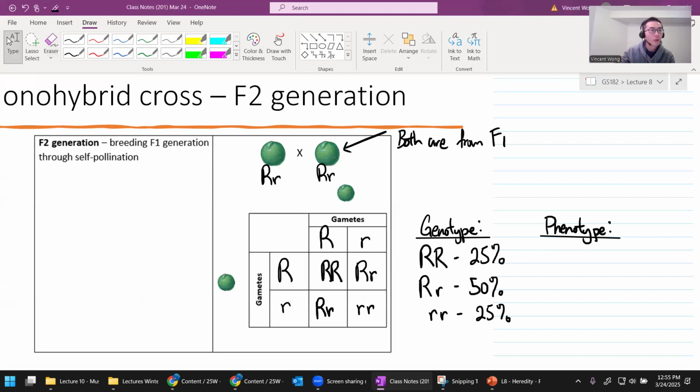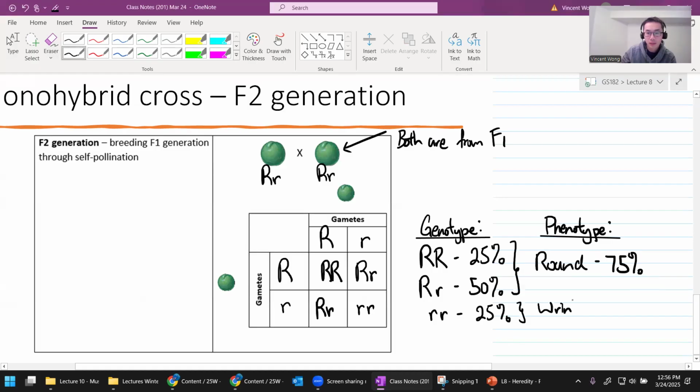Round. That is round. What about the big R, small r? Is that round or wrinkle? Round. That's right. So both of these are round, and 25% plus 50% is 75%. And then this one is just wrinkled, which is 25%.